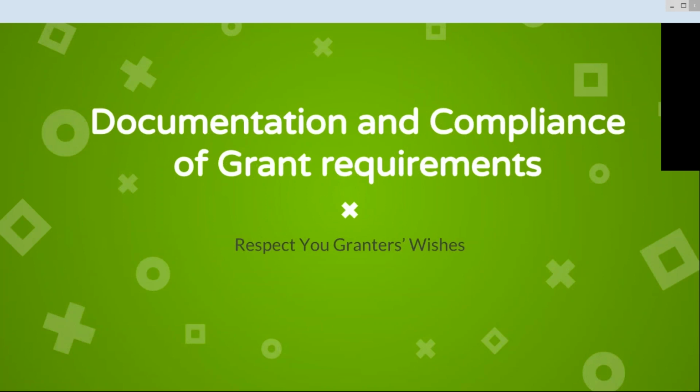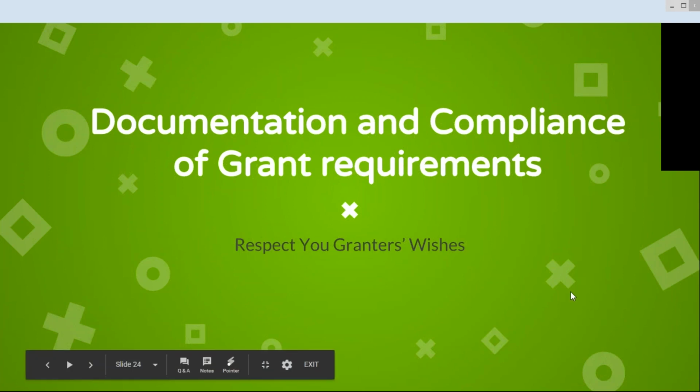Okay, and I think I alluded to this a bit earlier. This is an issue: documentation and compliance of grant requirements. The big issue with charities, and this is what the CRA wants when they audit you, and also the external auditors, they want to make sure that you are doing what your grantors, donors, and contributors want you to.